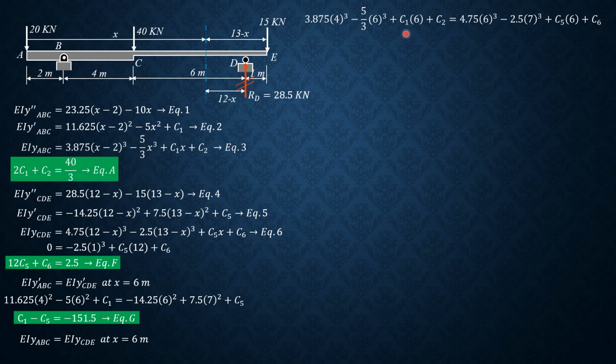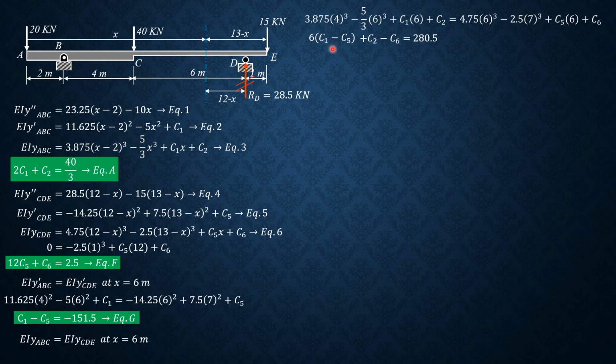So we have 6 times (c sub 1 minus c sub 5), then plus c sub 2 minus c sub 6, then computing these terms here, 4.75 times 6 cubed minus 2.5 times 7 cubed plus 5 thirds times 6 cubed minus 3.875 times 4 cubed, that will be 280.5.